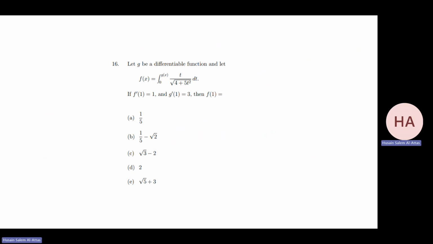What about this? What do they want? g is differentiable and let f of x equal this. f prime at 1 is equal to this.